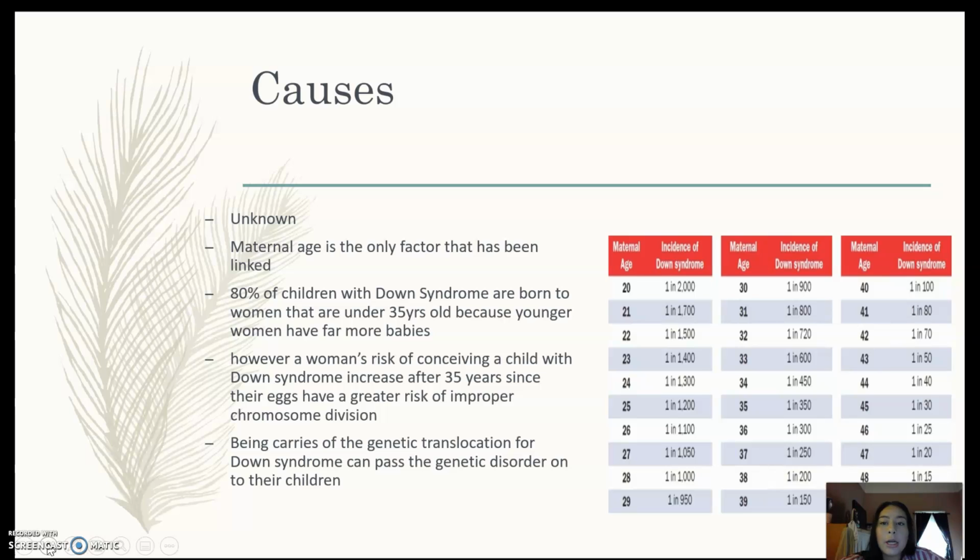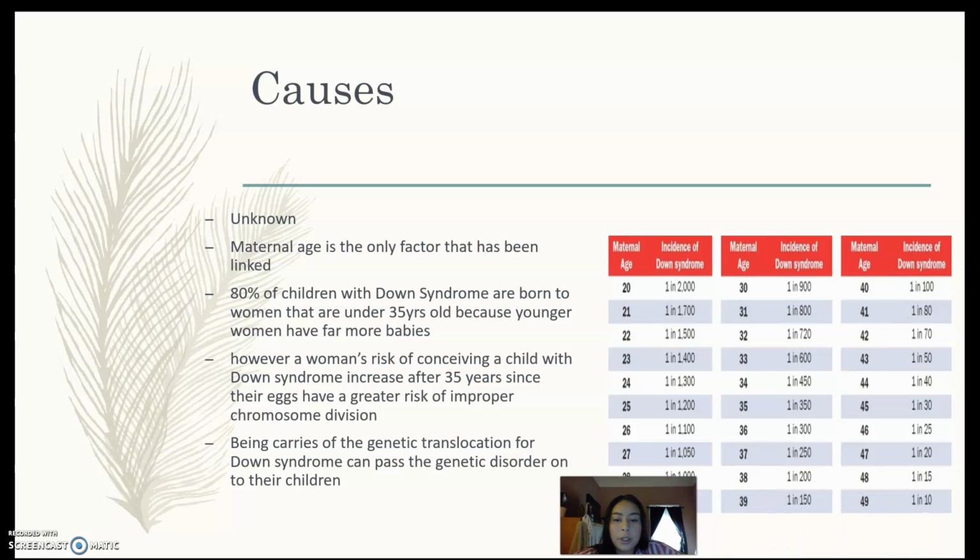The causes are actually unknown. Maternal age is the only factor that has been linked to it. 80% of the children with Down syndrome are born to women younger than 35 years old, just because younger women tend to have far more kids than older women. However, a woman's risk of conceiving a child with Down syndrome increases after 35, since their eggs have a greater risk of improper chromosome division.